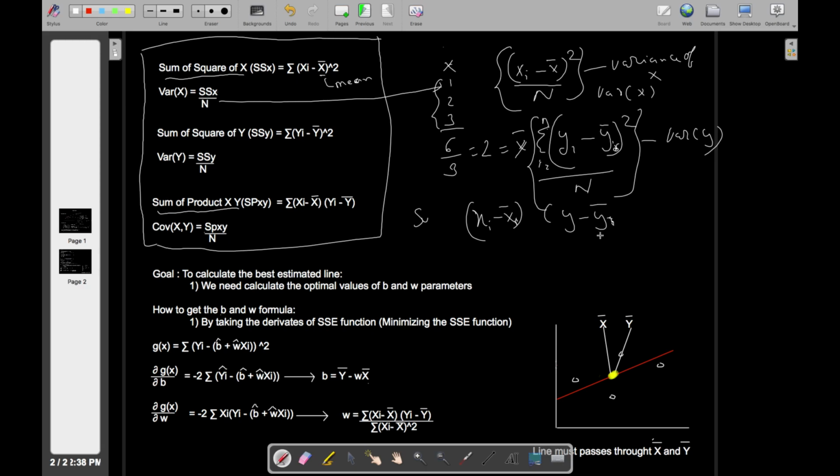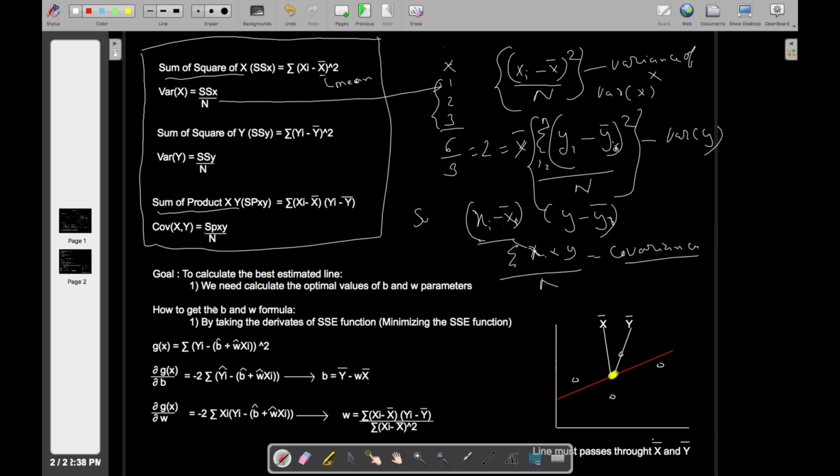So if we do the product of x minus x bar and y minus y bar, right? Suppose this one is called small x and this small y. Multiplication of this x and y, and the summation of all these values divided by n. This is called the covariance. Covariance tells you how x and y are related to each other.